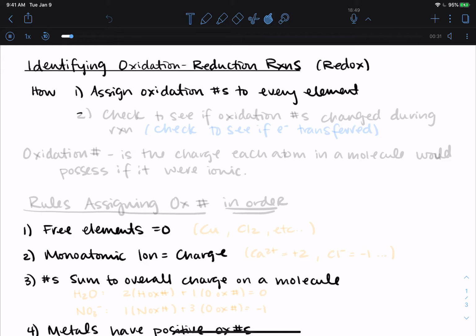And then step 2, check to see if oxidation numbers changed during the reaction.